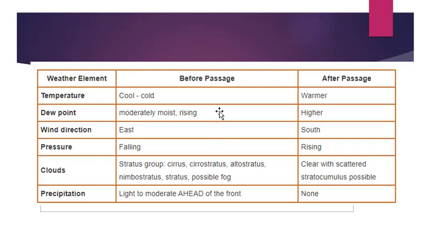Then before passage, the pressure is falling, but after passage, we have rising pressure, because we have mentioned warmer air replaced the cold air. Then for the clouds, before passage, we have cirrus, cirrostratus, altostratus, nimbostratus, stratus, and possible fog. But after the front, we now have clear skies with scattered stratocumulus. For the precipitation, before passage, there's light to moderate precipitation ahead of the front, but after, there's no precipitation.